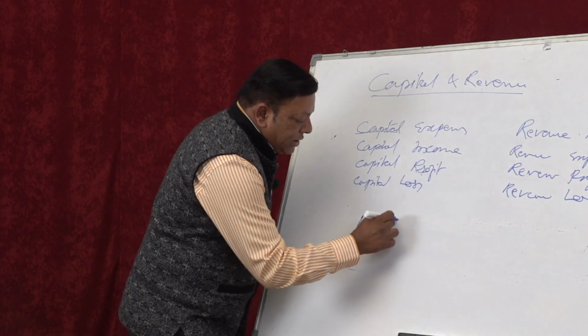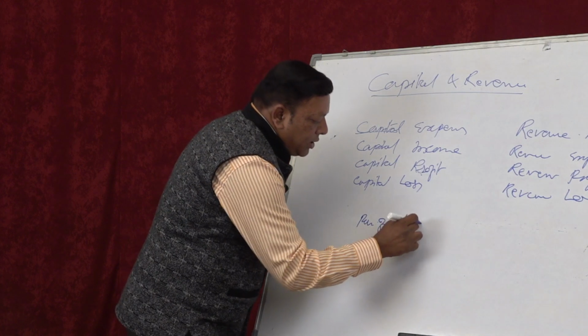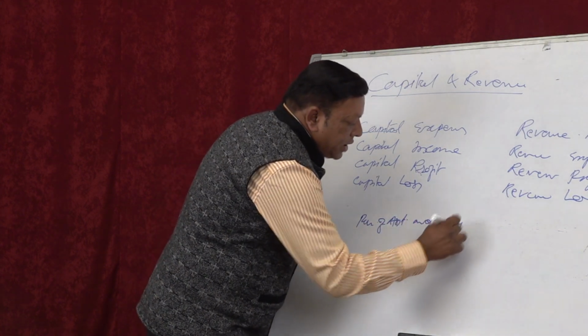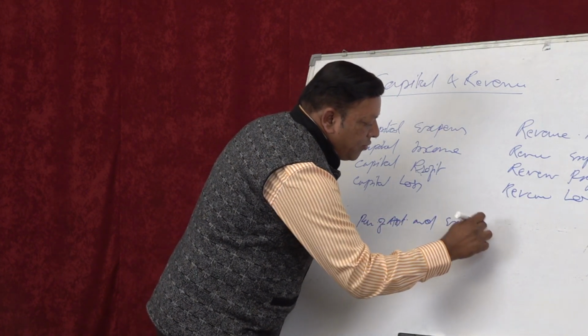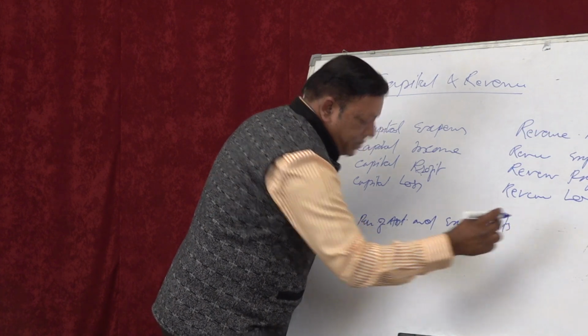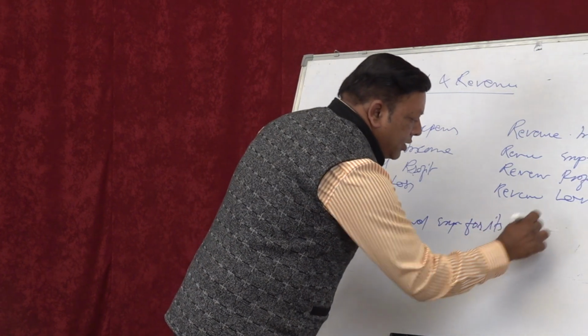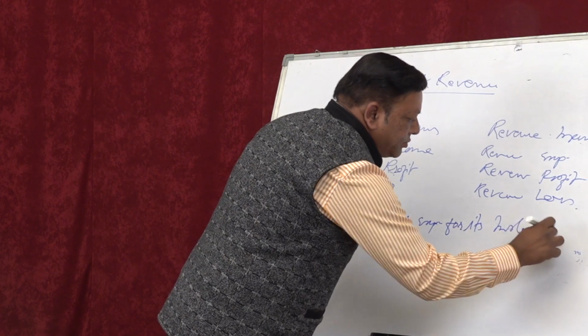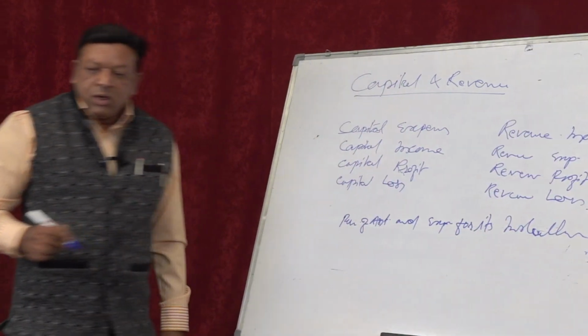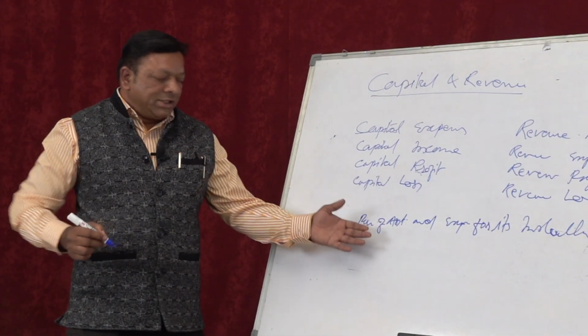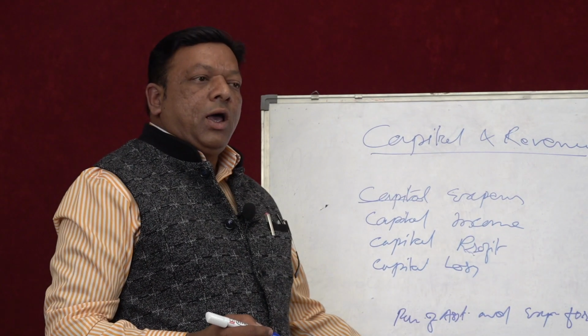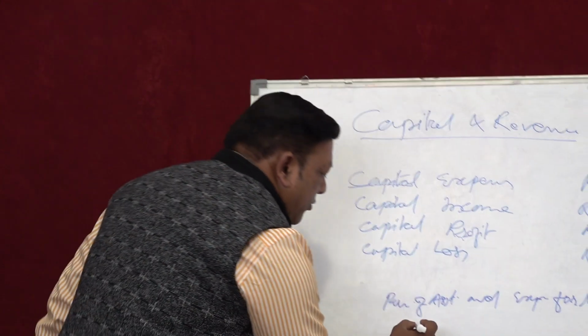We can have one more example. Purchase of assets and expenses for its installation. Normally we purchase the assets with their name, and say for example we paid wages.